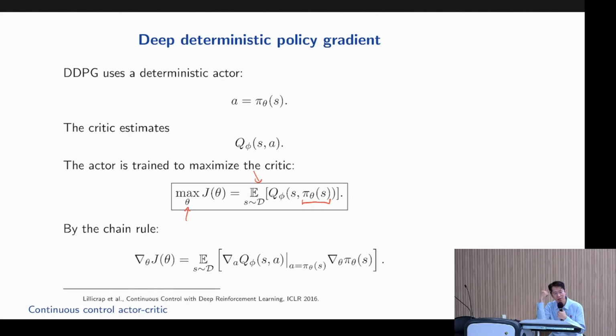We insert this policy into the action slot in the Q, and apply gradient ascent so that the Q value indexed at pi theta is as high as possible. By chain rule, the gradient is the gradient of Q evaluated at the specific action recommended by the policy, times the gradient of the policy.